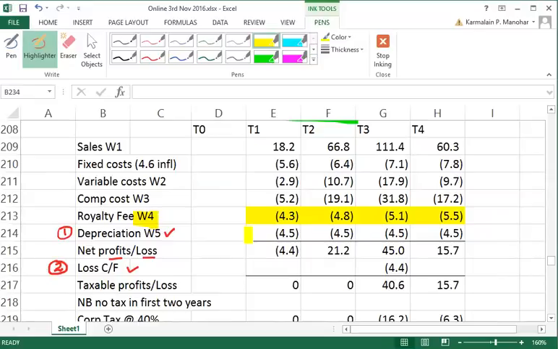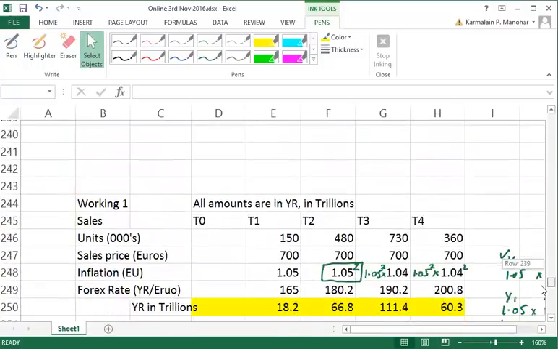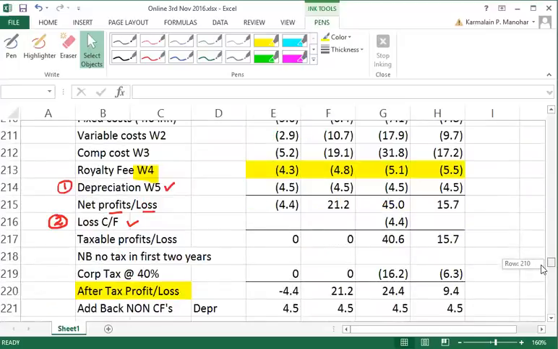But is it the whole cost? 280. Let's go down here to the working on components.